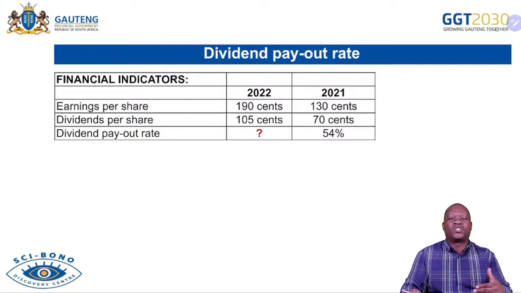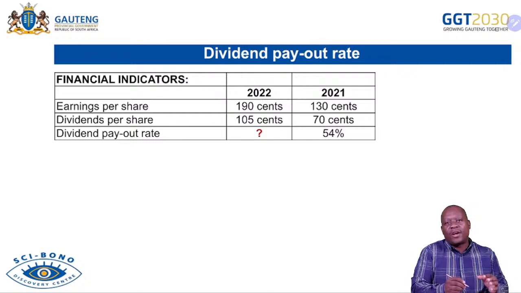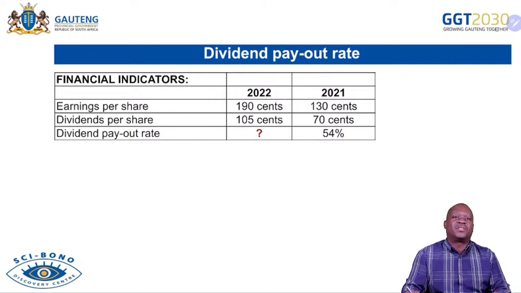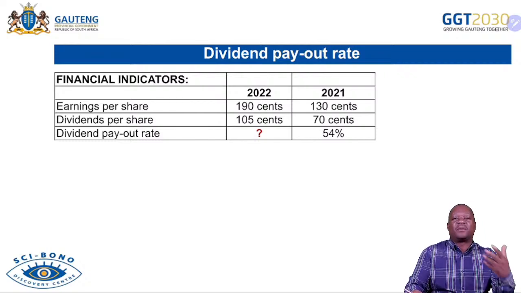Why would a business choose to retain much of the profits? Why might a business choose to give only a fraction of the profits to shareholders and remain with the rest? Think about it, boys and girls. Food for thought, because it's going to be very important in answering the comment part.